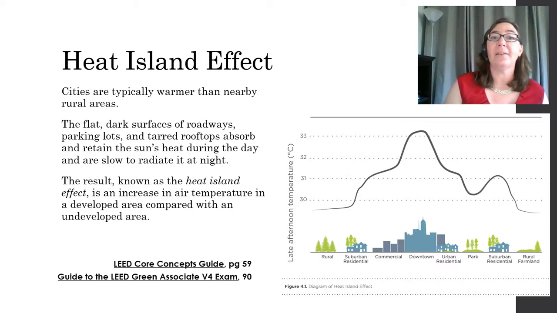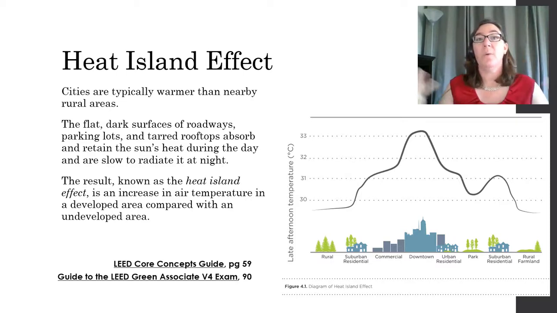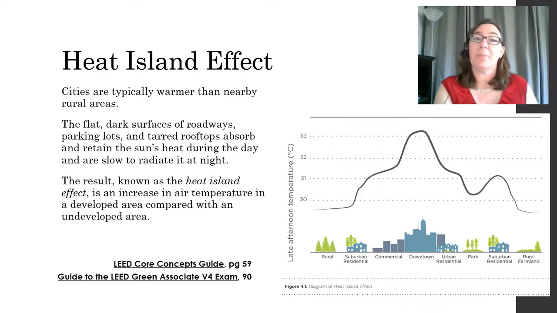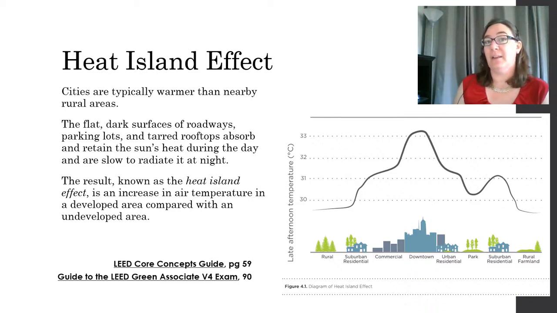These flat and dark surfaces will absorb and retain the sun's heat and re-radiate it back out into our spaces. As a whole, this effect is called the heat island because a city is like a blob or an island of heat in a cooler ocean of land. It's an increase in air temperature in a developed area compared to an undeveloped area.